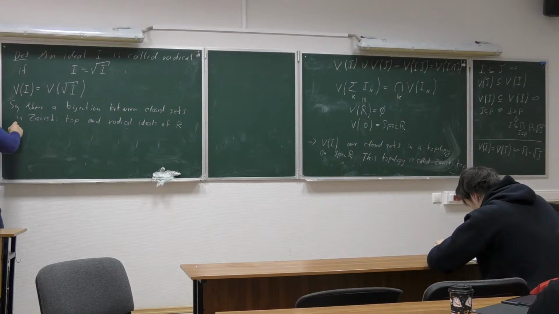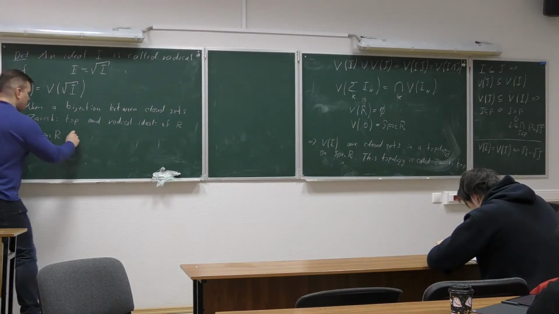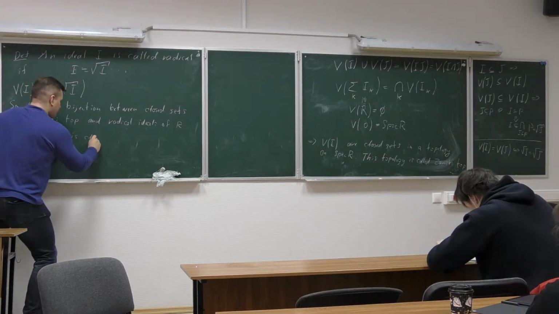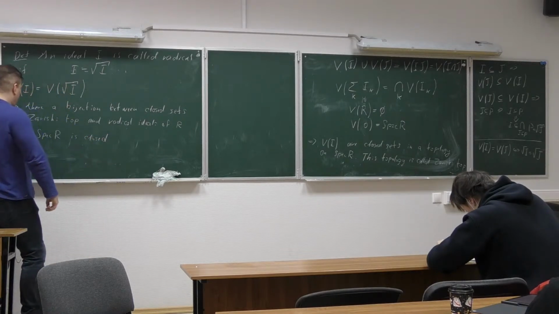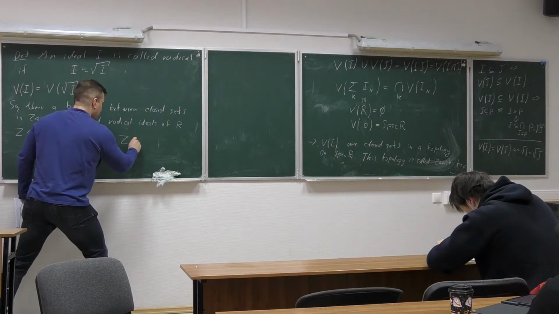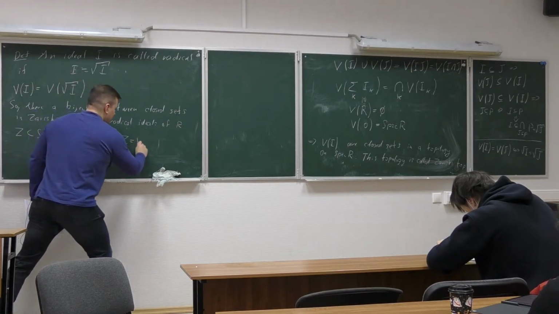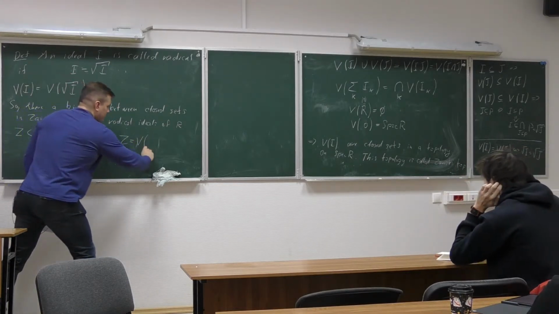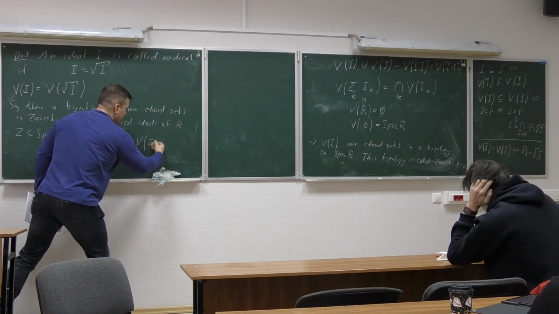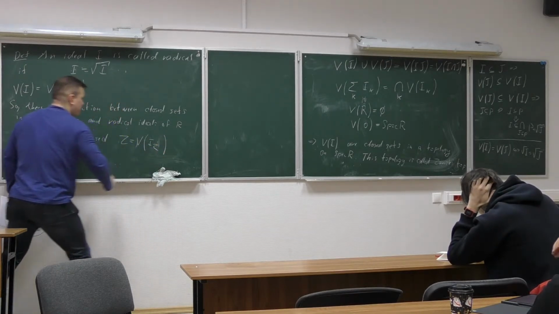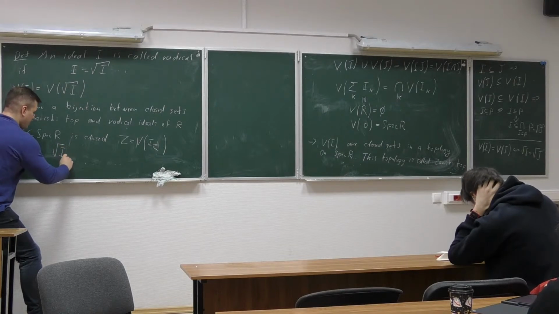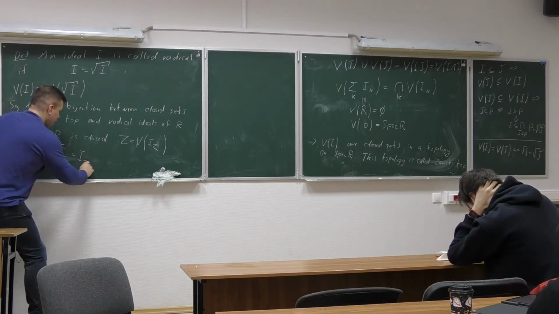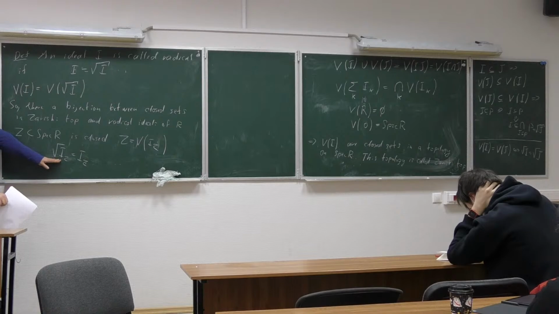Okay, and maybe I can introduce some notation. For example, if Z in the spec of R is closed, this means that Z is V of something, and let's call this something I, maybe with the index Z. So this I_Z is some radical ideal.